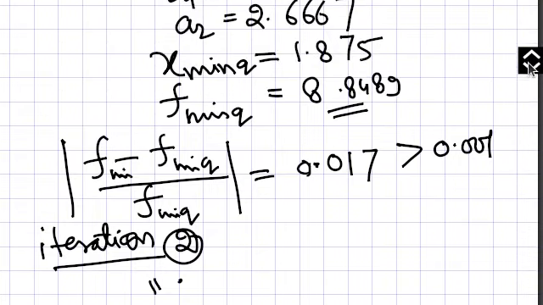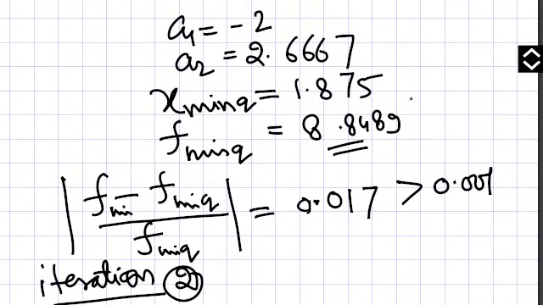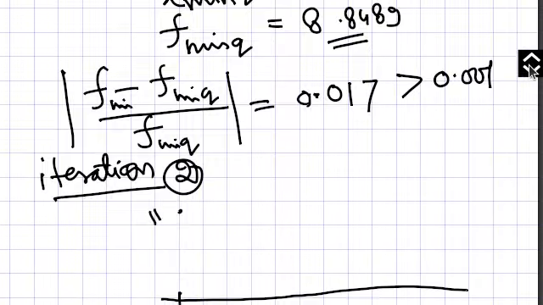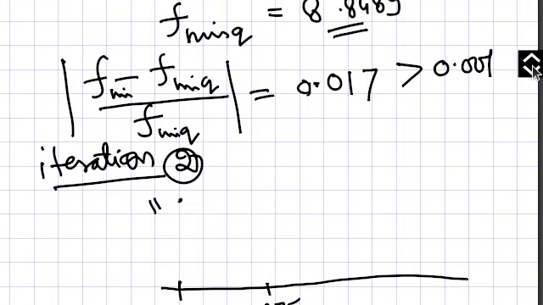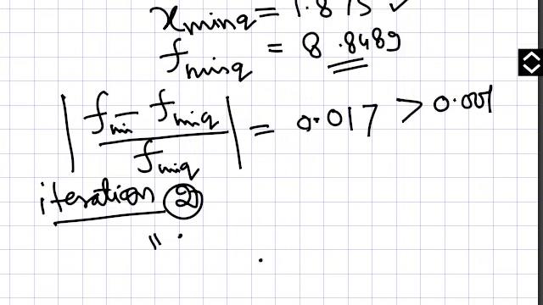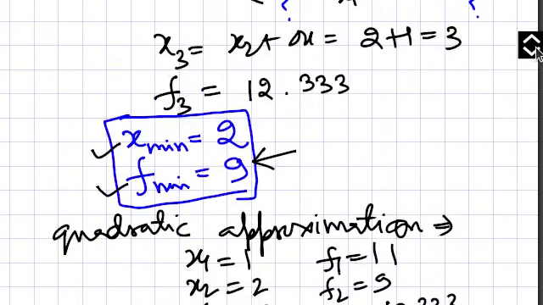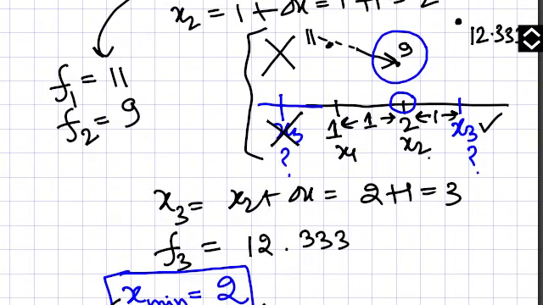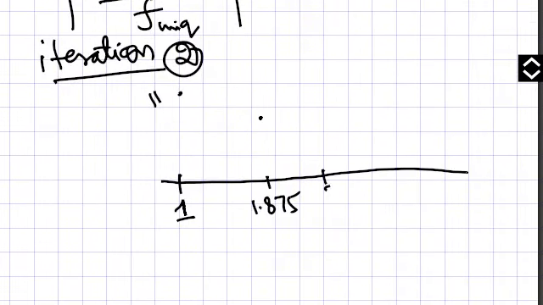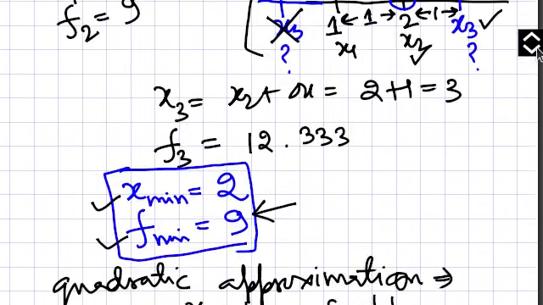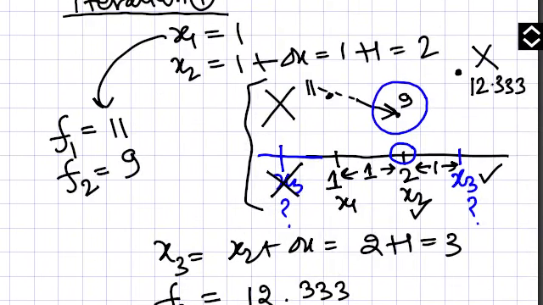And the second point you have got is 1.875 here somewhere, and here the value of function is 8.84. And another point after that, you will find that x2 is 2. So here 2 is this, and 3 is this. So there is no question of taking this point, because its value is too much, so it cannot be the minimum.